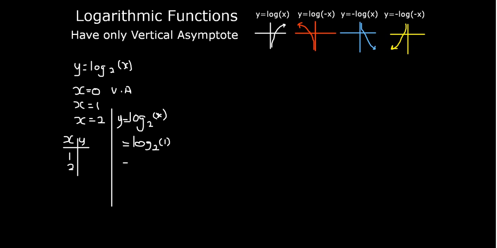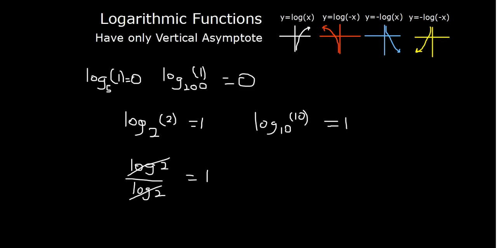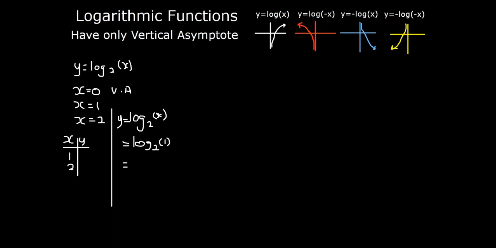Remember we said that the log of 1, regardless of what the base is, is always equal to 0. Just because I told you that, then we have to apply it here. So our y here will be equal to 0, and then we put 0 here.